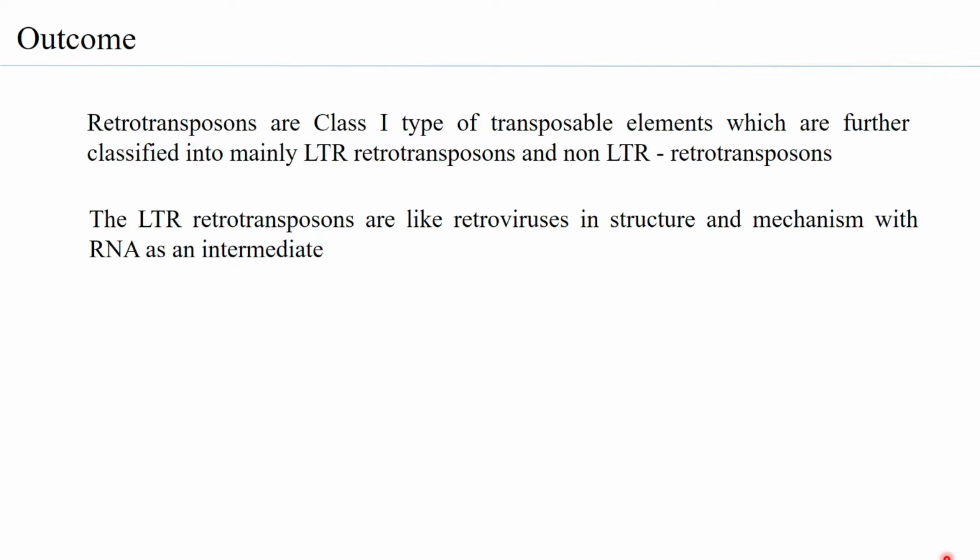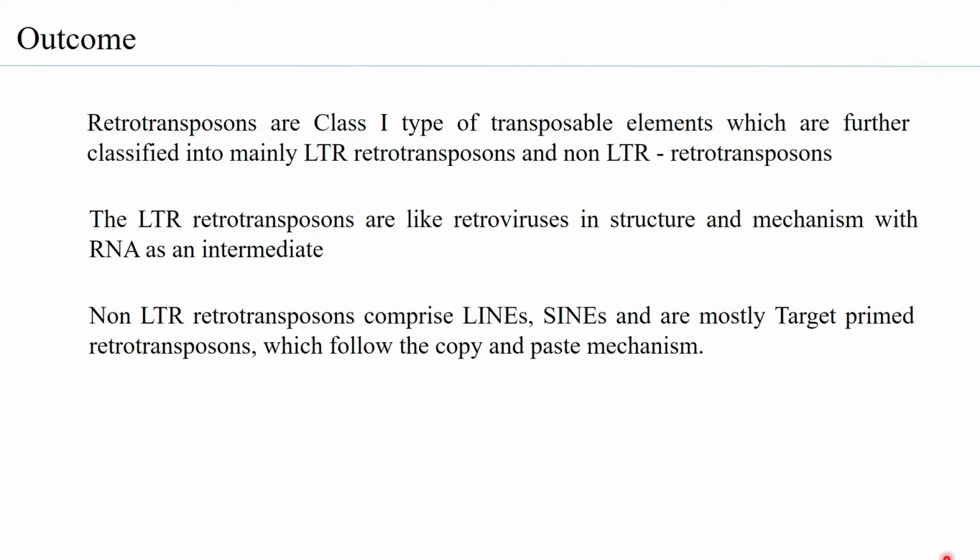In fact, many of them are actually endogenous retroviruses, and they are viral-like in structure, retroviral-like in structure and mechanism. And of course, in this case, RNA is an intermediate. So from the RNA, complementary DNA is formed, and that complementary DNA gets integrated into a target site or into another part of the genome. And therefore, it follows what is called the copy and paste mechanism.